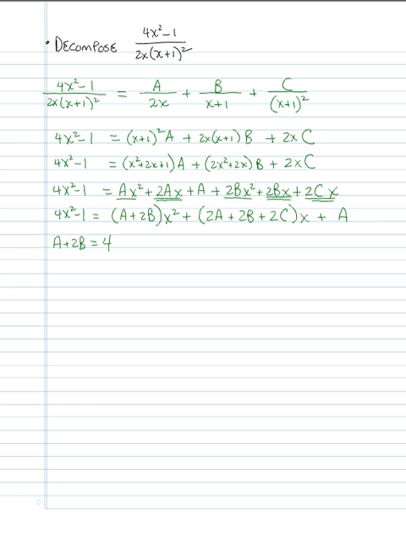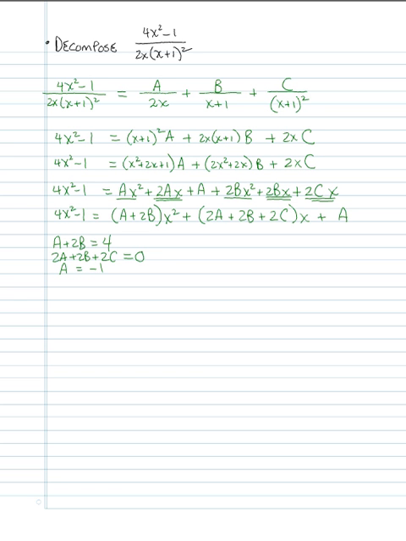On the right side, there is. That is, the coefficient 2A plus 2B plus 2C must be 0, because we're not really allowed to have any x's over there since there aren't on the left, right? So 2A plus 2B plus 2C has got to be equal to 0. And finally, the constant A has to equate to the constant on the left side, -1.